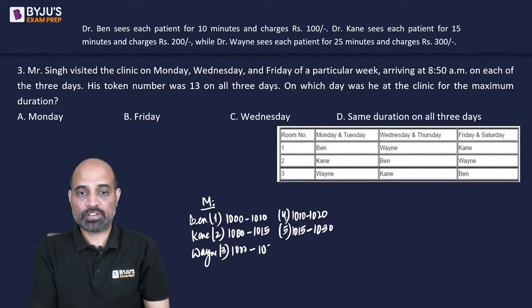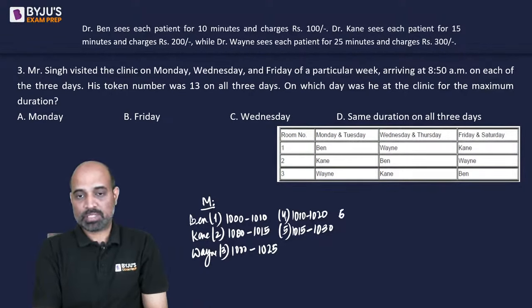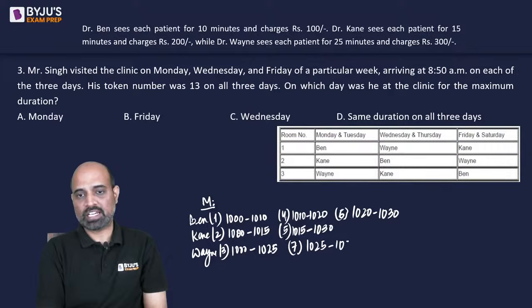So 10:25 it will continue. So after 10:20 we will have patient number 6, from 10:20 to another 10 minutes, 10:30. Now the 7th patient will go to Dr. Wayne because he is free at 10:25 until 10:50.